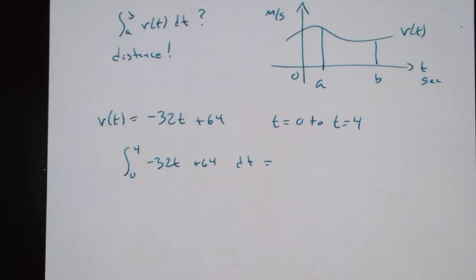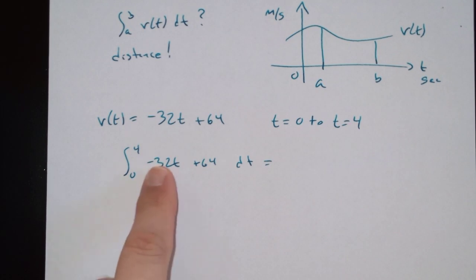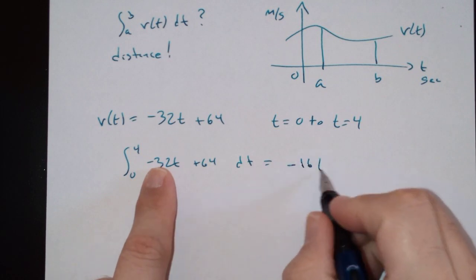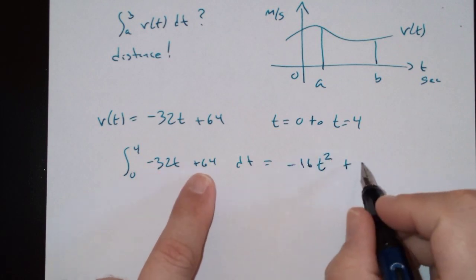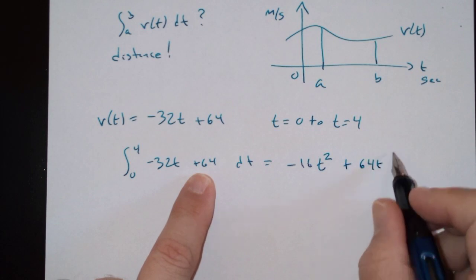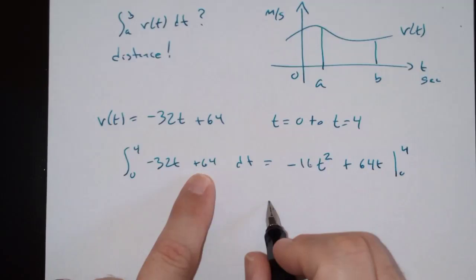My antiderivative. The antiderivative of t is what? Well, there's more. That's negative 16t squared, because it's t squared over 2. So the 32 is going to become a 16. And then 64 is going to get, so plus 64t from 0 to 4.